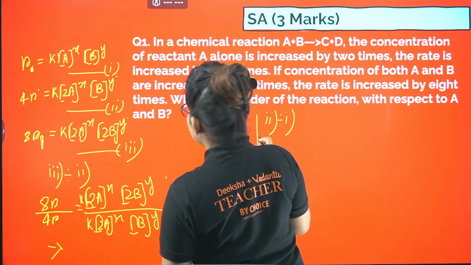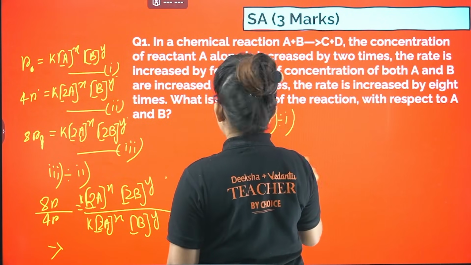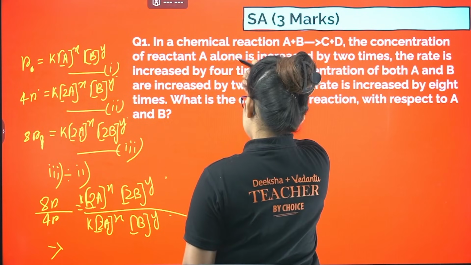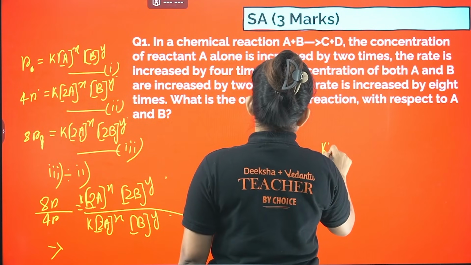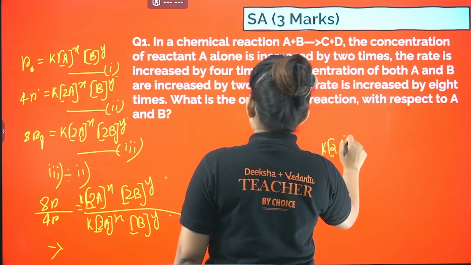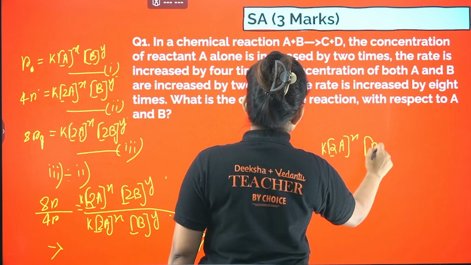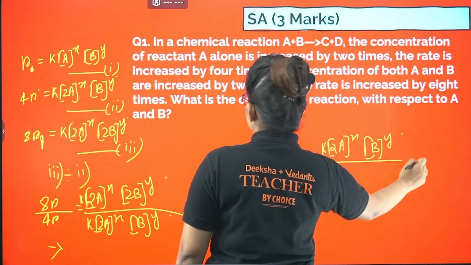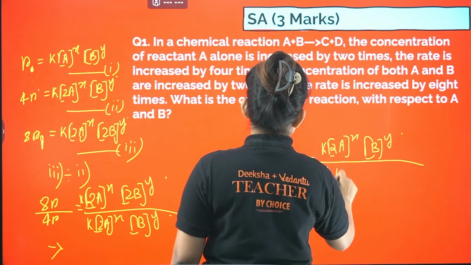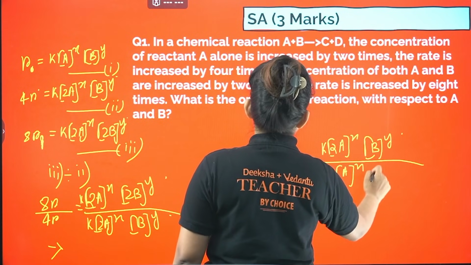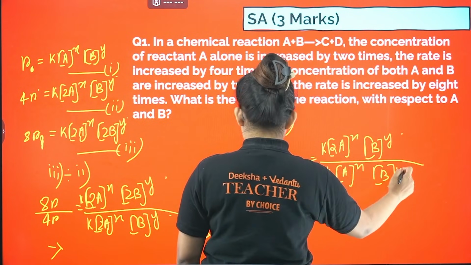If I do 2 divided by 1, so 4R divided by R is basically equal to K into 2A power X into B power Y divided by K into A power X into B power Y, right.